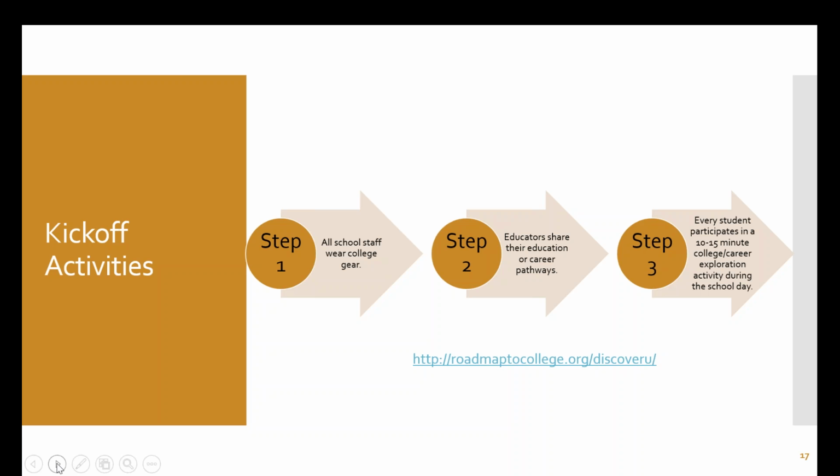Have educators share their pathway to their career. This is why: when I've talked to students in the past, they think teachers were expert students who all got straight A's and went directly to a four-year school and now they're a teacher. Even when I was an advisor, students would tell me, you must have been the best student and gone probably straight to a four-year.